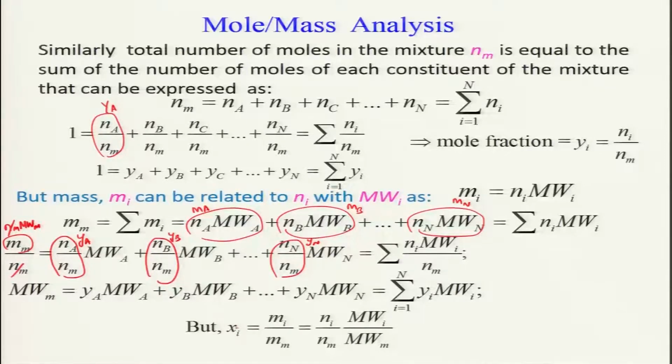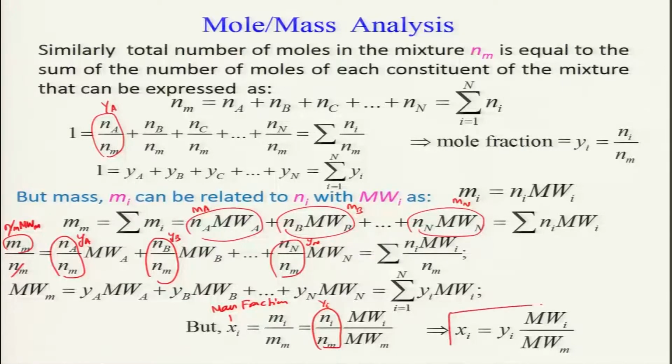And we know the mass fraction of the ith species is equal to Mi divided by M, which can be said as Ni and M, and this is nothing but the mole fraction of the ith species Yi, and we can relate Xi in terms of Yi and the molecular weight of the ith species and the mixture.